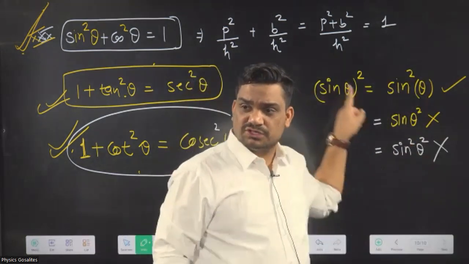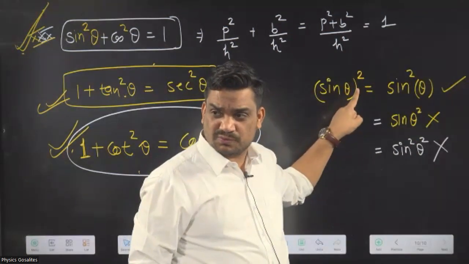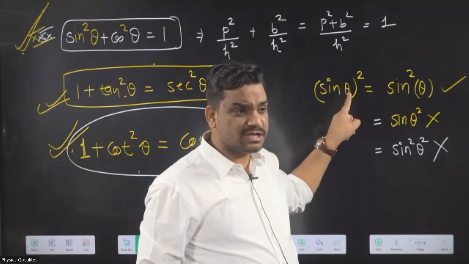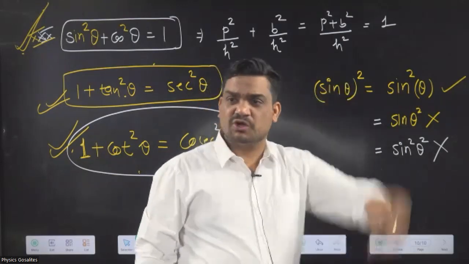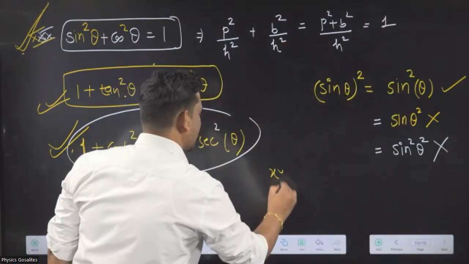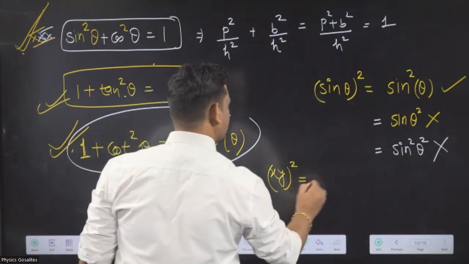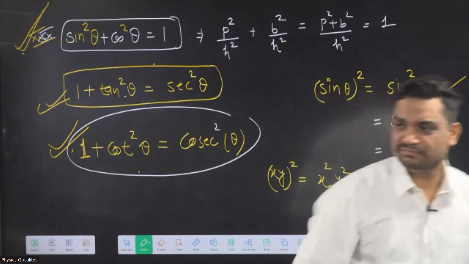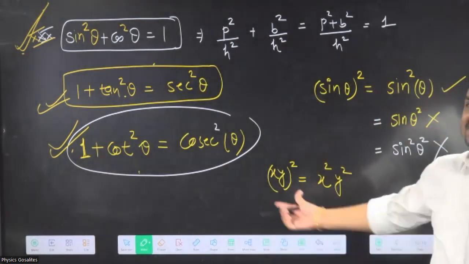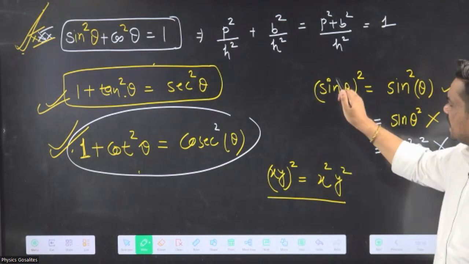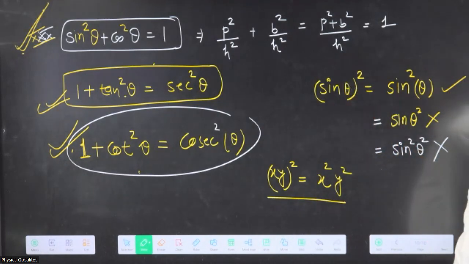Some people do it. Sir, square is there in both, so in sine we will do the square and in theta also we will do the square, because we have seen somewhere that it was written like xy whole square, and we did x square y square. We did a square in both. So they will say, sir, we have done a square in both there, so here also we will do sine square as well as theta square.